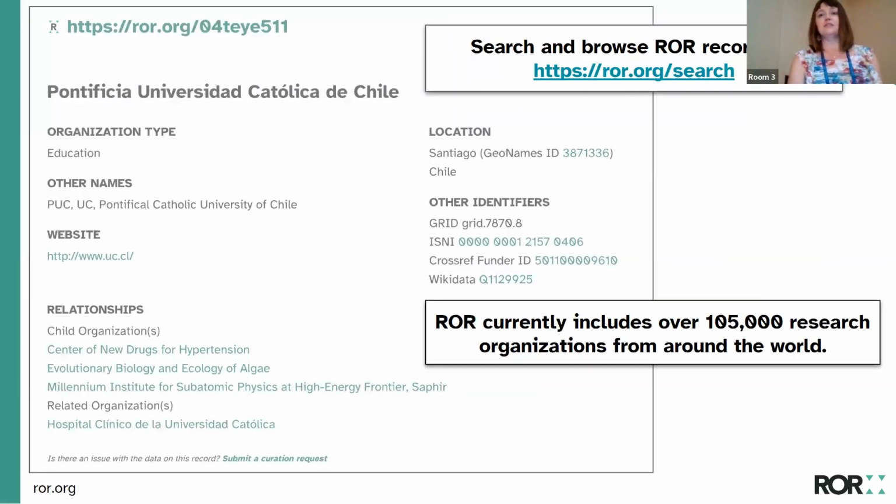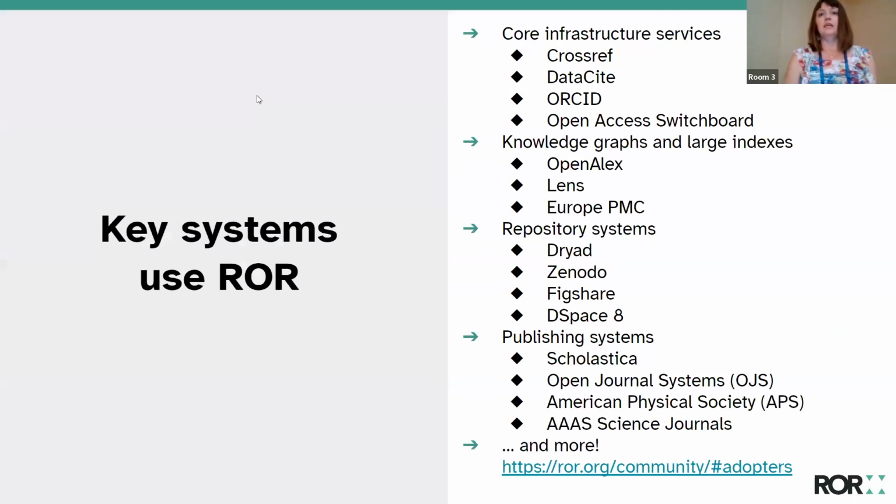But if you haven't been familiar with ROAR's Research Organization Registry, this is just an example of a record. It has a landing page with relationships, with the website, with name, location, and there are over 100,000 ROARs worldwide already. So it's been well adopted in that time, and it's been applied in many circumstances.